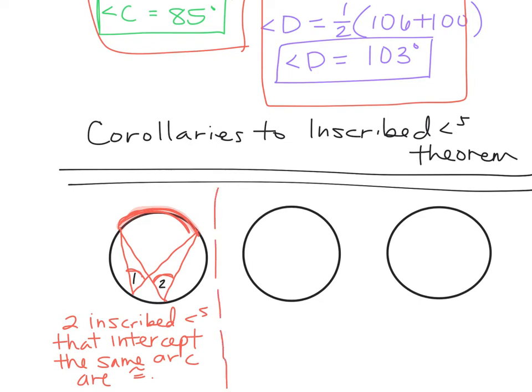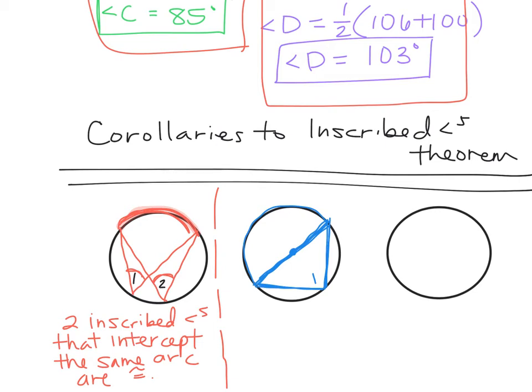Okay, so that's the first corollary. The second corollary says an angle inscribed in a semicircle. So if this is the center of our circle right here, and then I have this angle. Okay, so angle 1 here. That angle inscribed in a semicircle like this, right? You have a semicircle here. What will be true about that angle? It's 90, right?